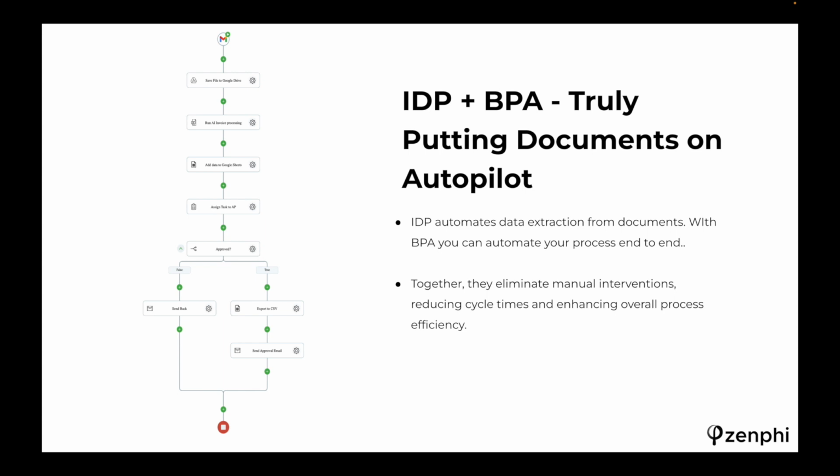So the whole thing is business process automation, and Zenphi enables you to automate these processes, also including out of the box IDP capability. So you don't have to buy multiple systems. Everything you need to automate your processes end to end is available to you out of the box with Zenphi.